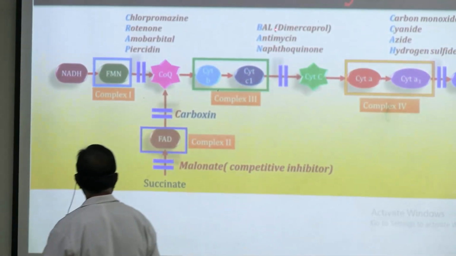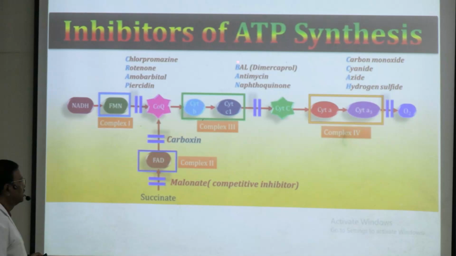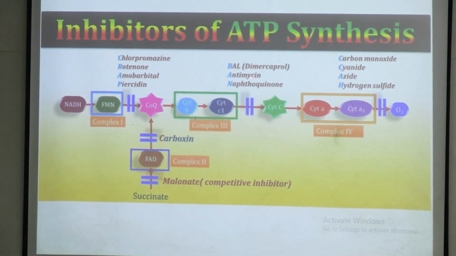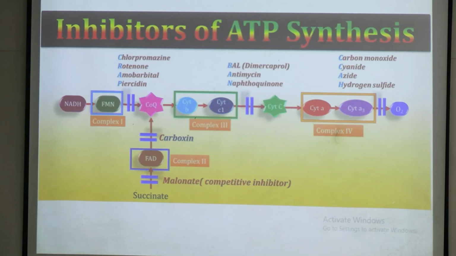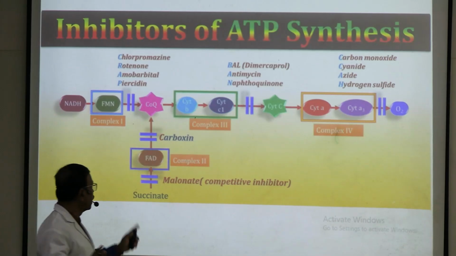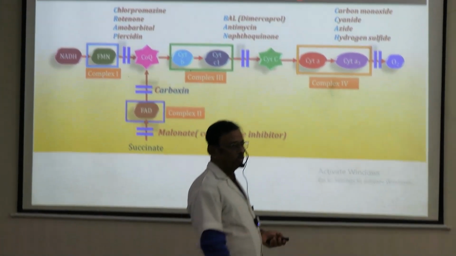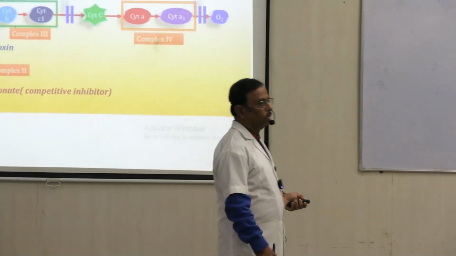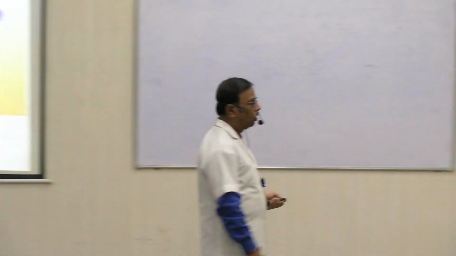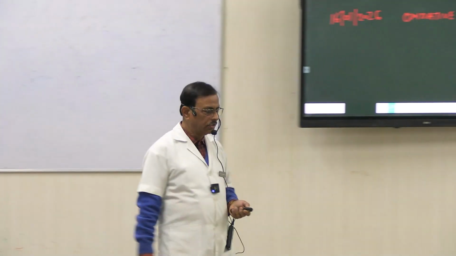Likewise, for complex 3, these are British anti-lewisite, also called dimercaprol, antimycin A, then naphthoquinone. For MCQ, very important. These block complex 2 and complex 3.